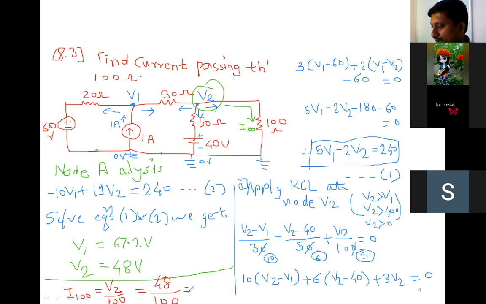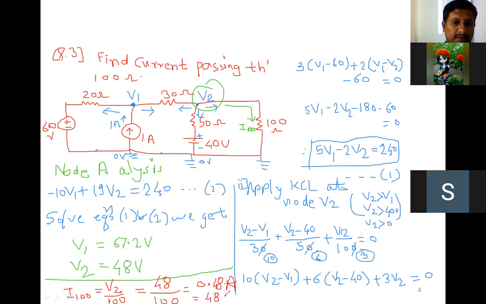So it is what? 0.48 ampere, or 480 milliampere.